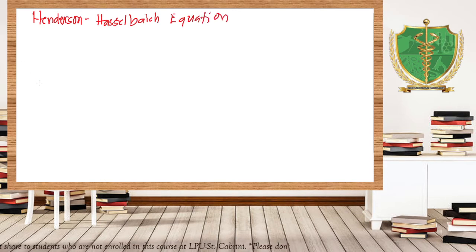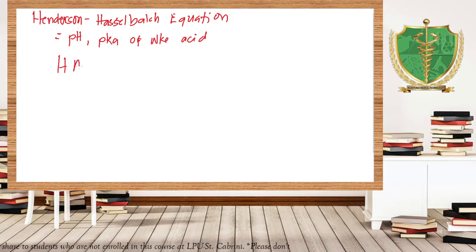It is a mathematical relationship between the pH, the pKa of a weak acid, and of course, the concentration of A and HA, its conjugate base and acid. It is derived as HA, the weak acid, plus water will give us our A minus plus our hydronium ion.